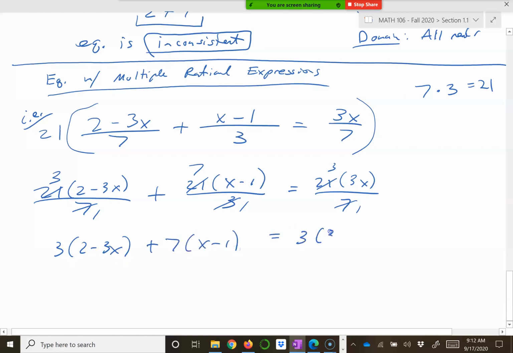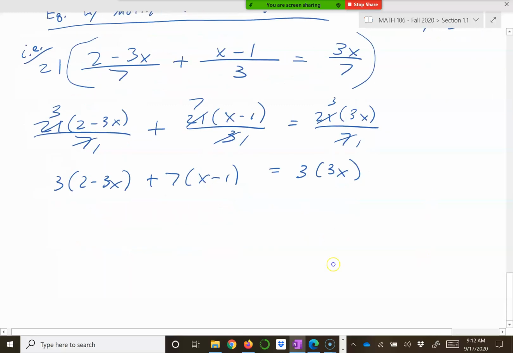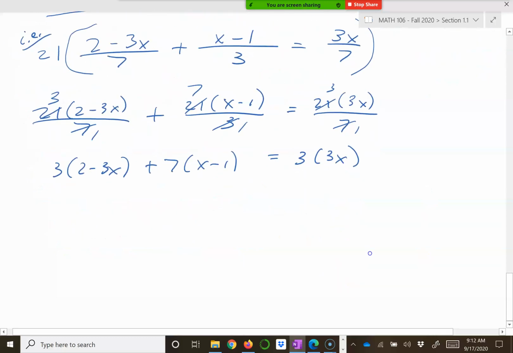a solvable linear equation. So our first goal in these rational expression equations is to eliminate the fractions, eliminate the rational expressions. So now I can just go about my business here. We'll get 6 minus 9x plus 7x minus 1 equals 9x. So I'm going to keep all the x's on the right-hand side.